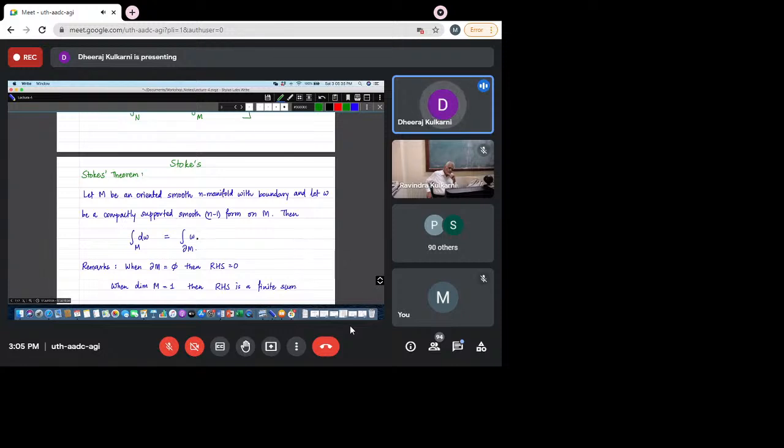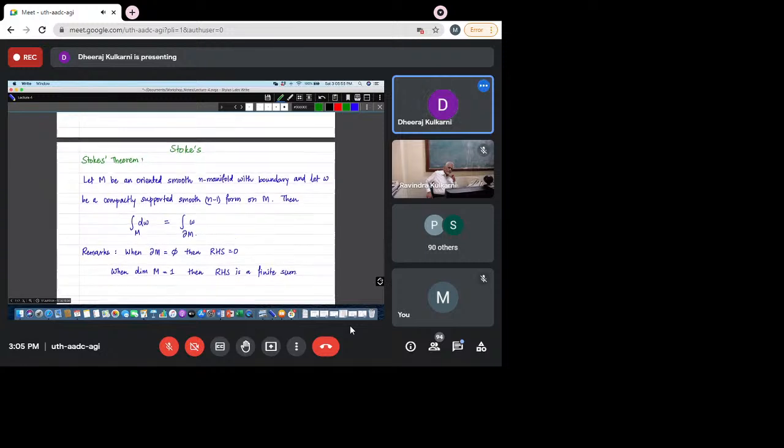The right hand side makes sense because the boundary admits an induced orientation, and when we integrate omega on it, we are simply pulling back the form omega defined on M using the inclusion map.